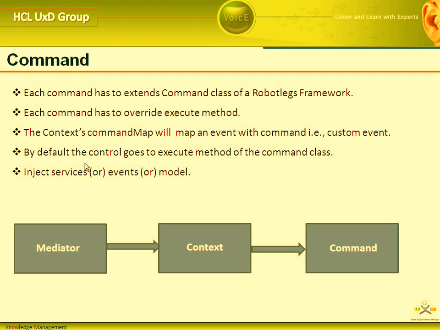By default, the control goes to the execute method of a command. The command will be configured inside a context using the commandMap method, and a command can inject services, events or models also.